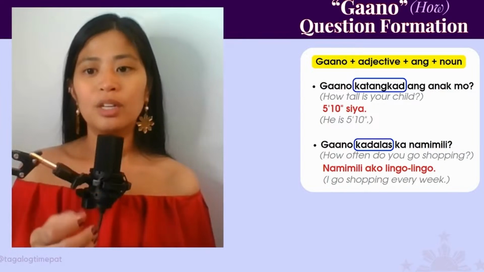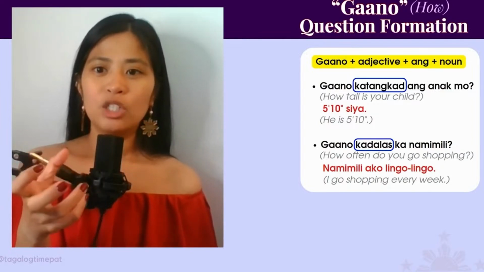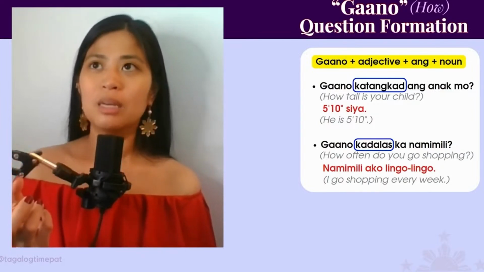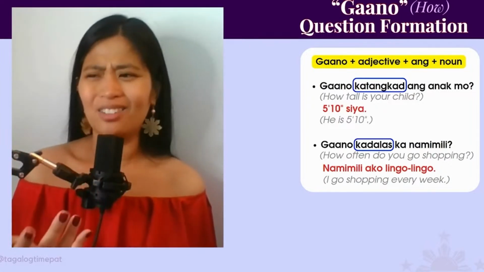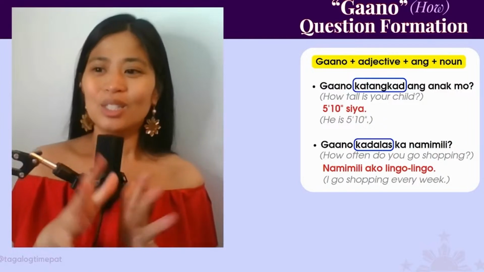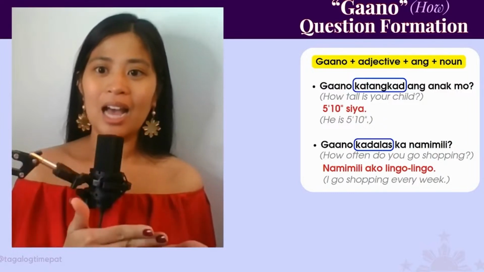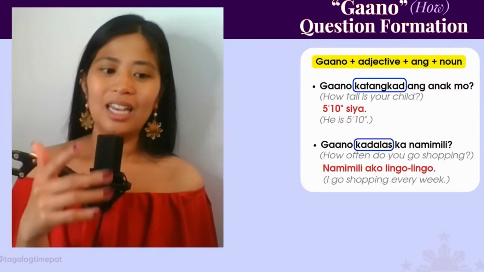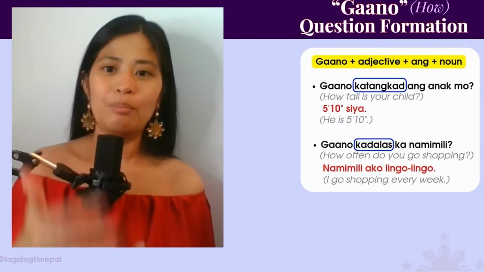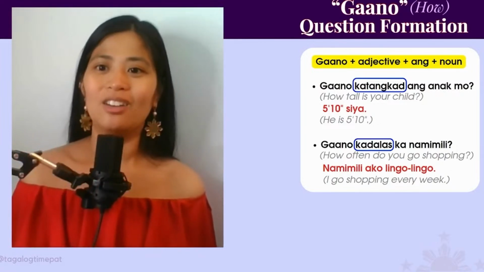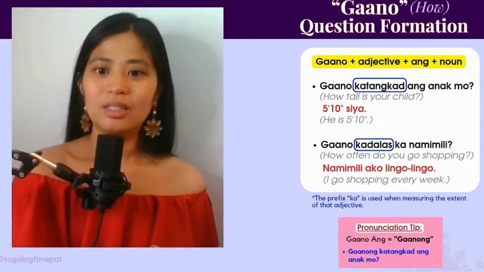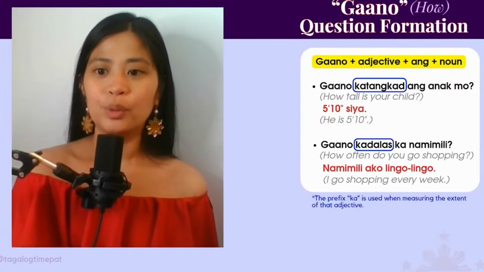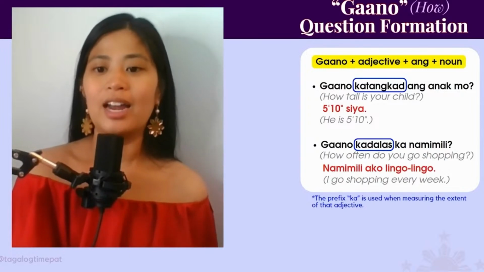And the ka prefix is a way to show the quality of something. It's asking about the characteristic of that adjective. It's a little interesting. So when we're asking gaano katangkad, it's like asking about that person's height. So again, the prefix ka is used when measuring the extent of that adjective.